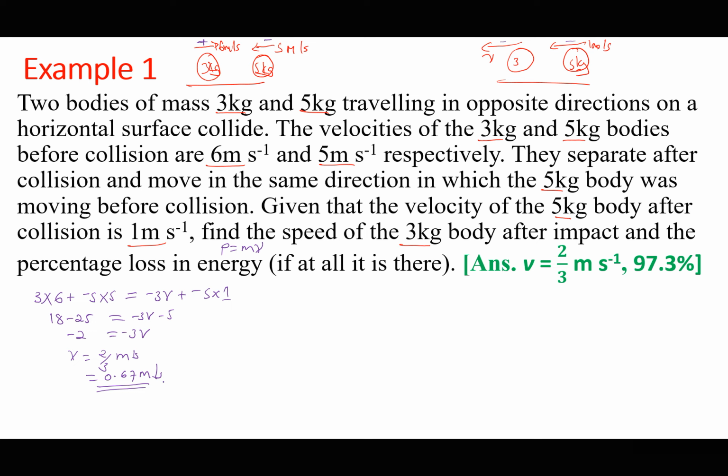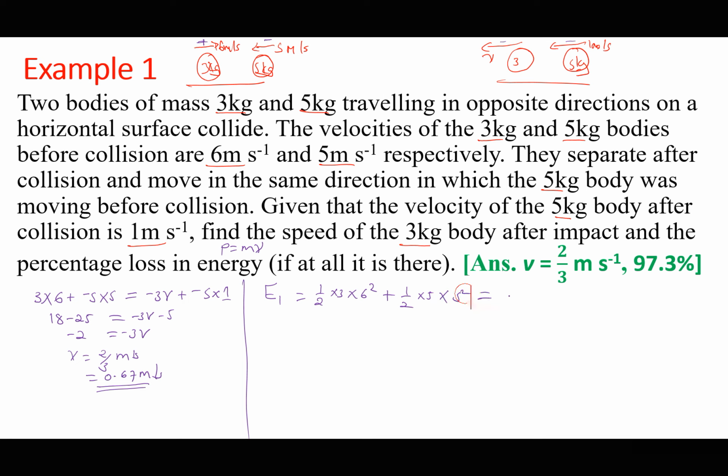Then to find the loss in energy, I have to find kinetic energy before collision. I'll call it E1. Total kinetic energy before collision is going to be, remember, I don't consider the signs of the direction of the velocity for kinetic energy. So it will be a half times the mass, which is 3 times 6 squared, plus a half times the mass, which is 5 times 5 squared.